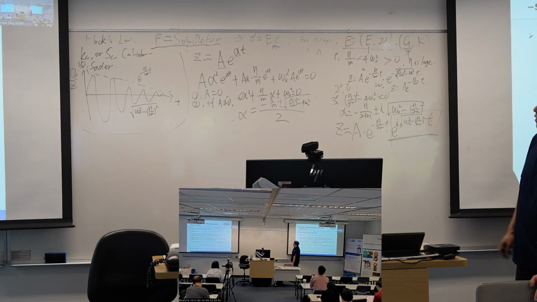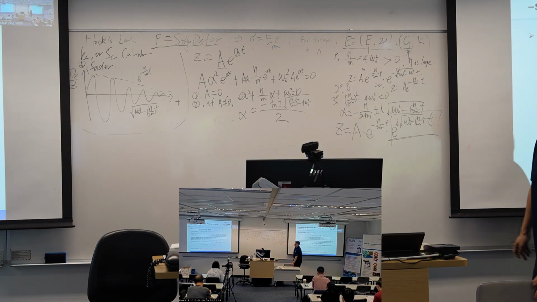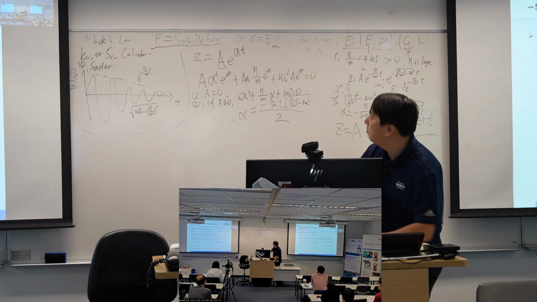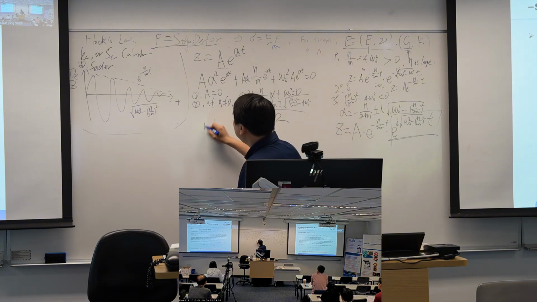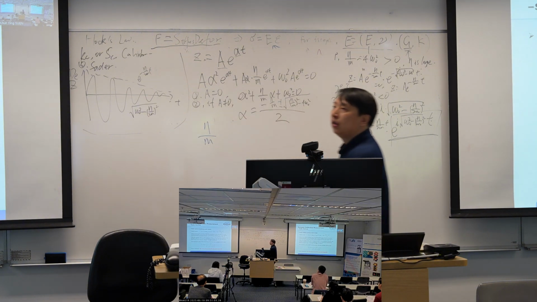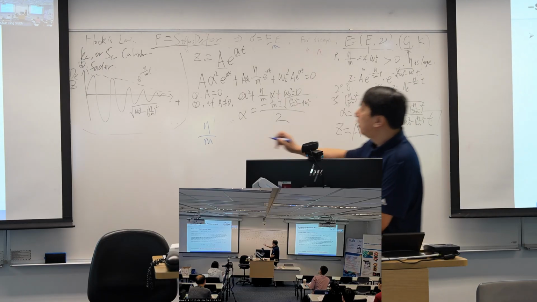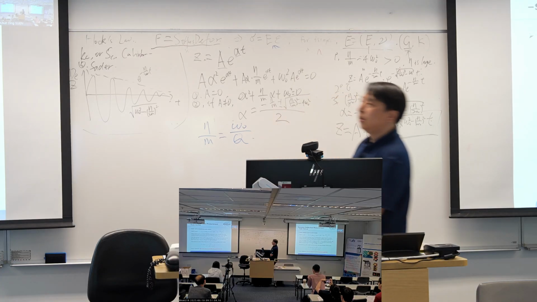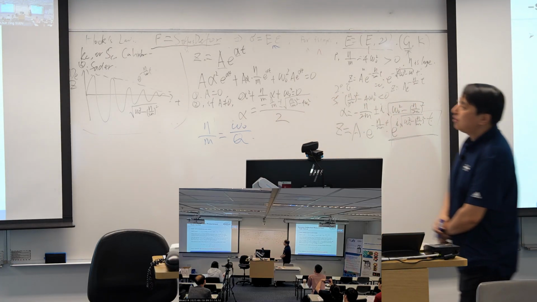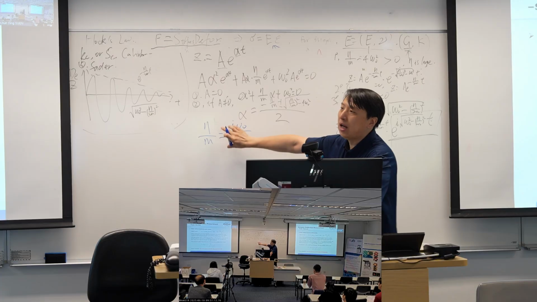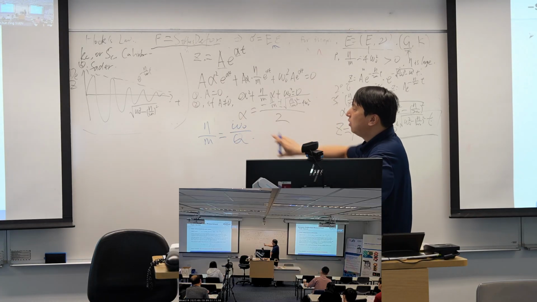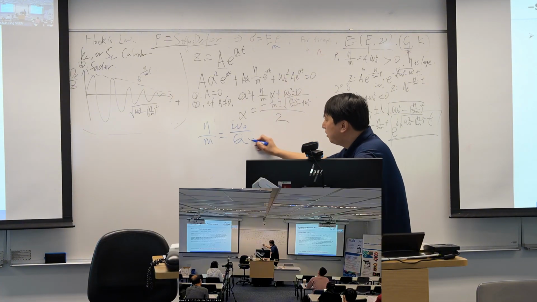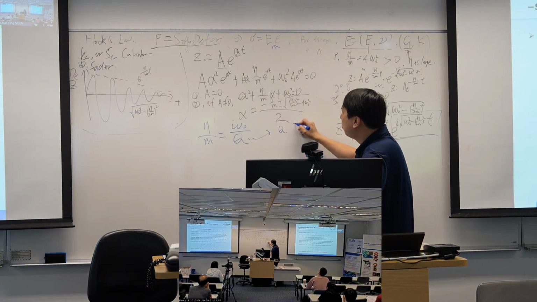So as such, we will define a factor here, the famous eta over m. Since eta over m is at a unit of frequency, we give it a name: omega 0 over Q, and the Q here is the quality factor.